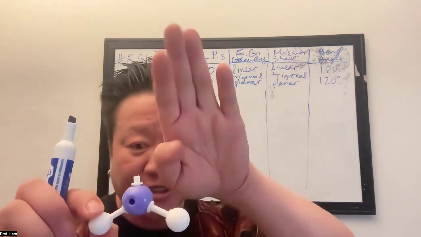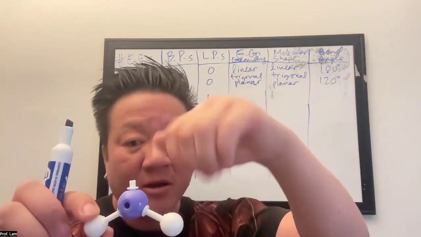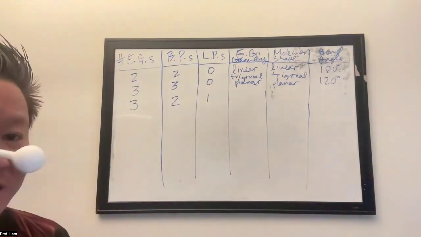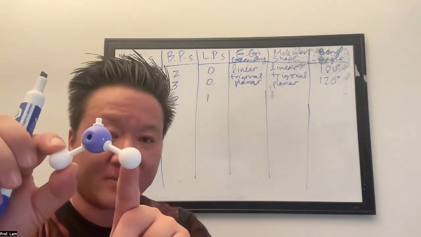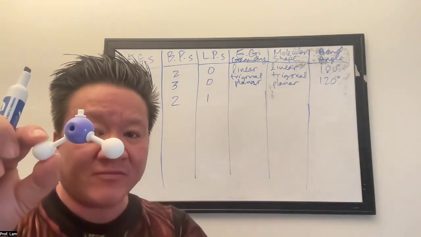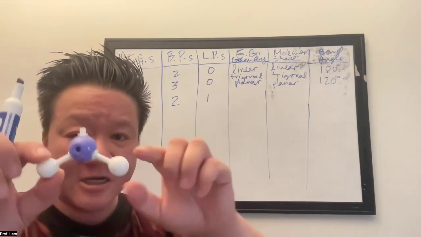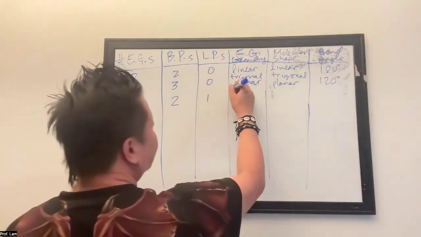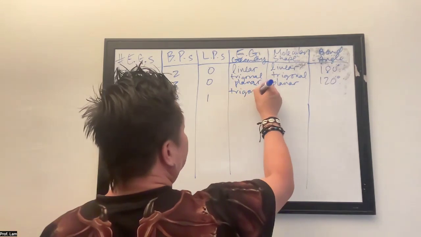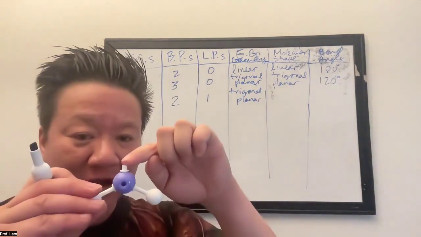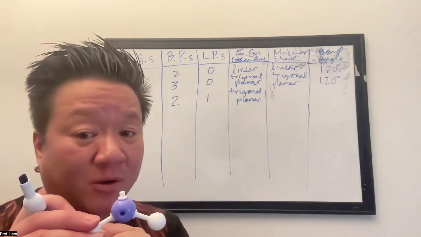Bonding pairs have to reach out to bond to an atom, whereas lone pairs just stay there, right? So that's 2 electrons. Okay, so we got 2 bonding pairs and 1 lone pair. But if you look at the electron group geometry, you still see that it's trigonal planar, right? It's still trigonal planar. Okay, because you got 1 here, 1 here, and 1 here, right?